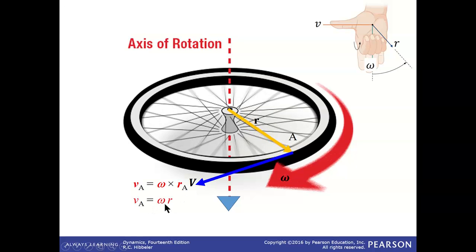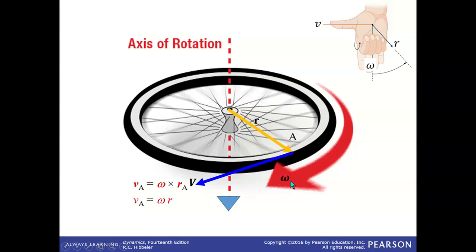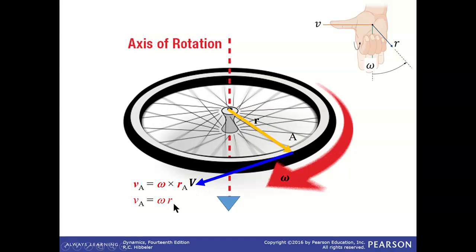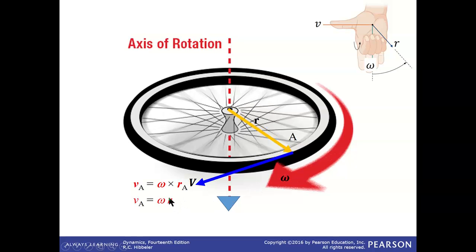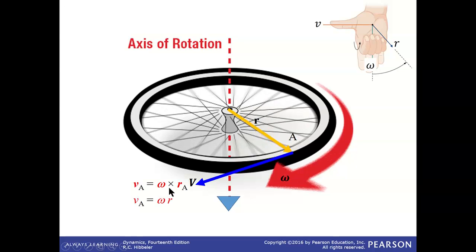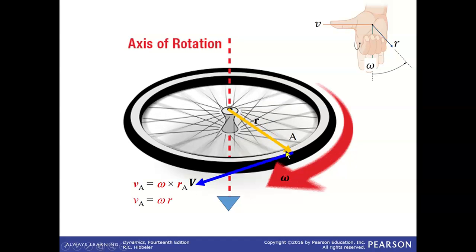The magnitude of this velocity is the product of angular velocity with the distance from the center, so it's omega r. Both magnitude and direction can be calculated using the cross product of omega with r. So it's omega cross r_A, where r_A is the position vector for point A.